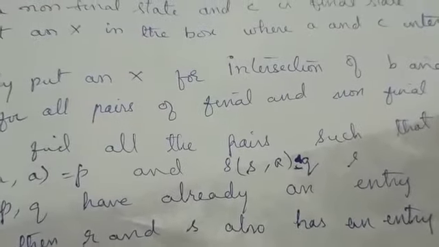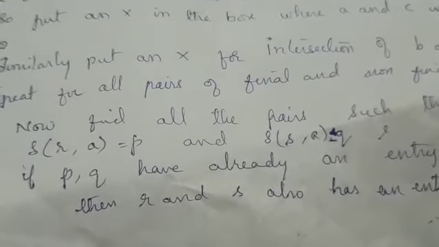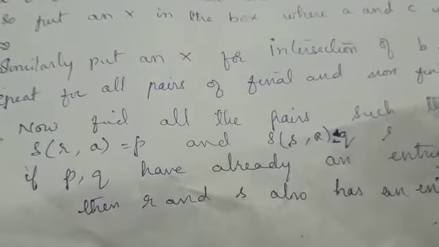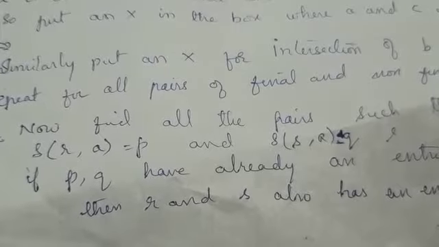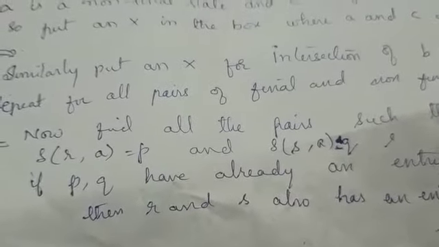So we have to check all the pairs. We find all the pairs R comma A and S comma A where we get P and Q, meaning P and Q already have an entry. Then we put an entry for R comma S also.